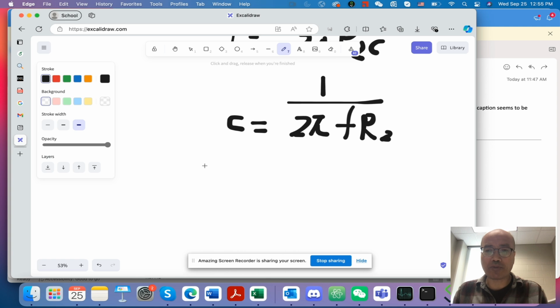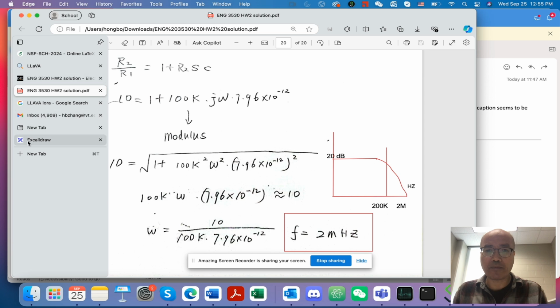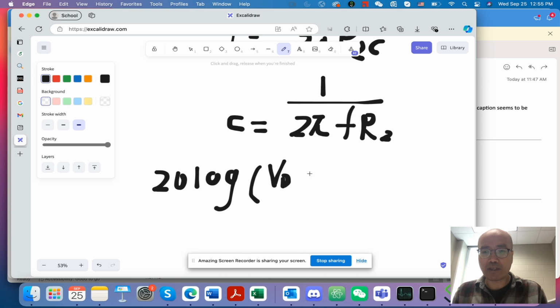Why do we know R2? Because we know the DC gain here is 20 dB. DC gain 20 dB means 20 log of VDC divided by VI equals 20 dB.